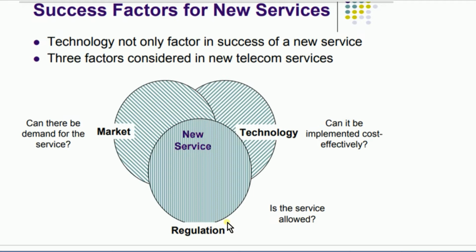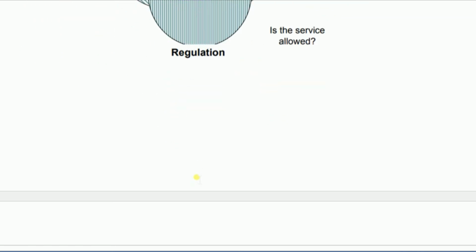That means the government gives some rules and regulations, and when you are giving one product to the market, it has to go through those guidelines given by the government. Those three things we call key factors or success factors for new services.